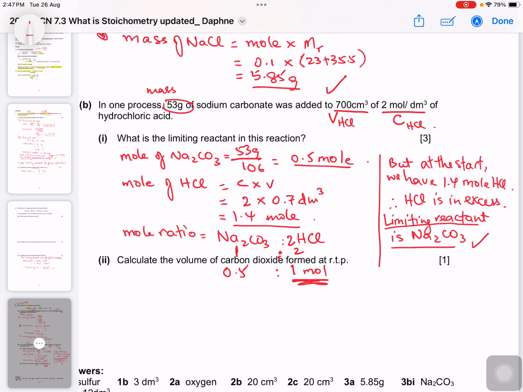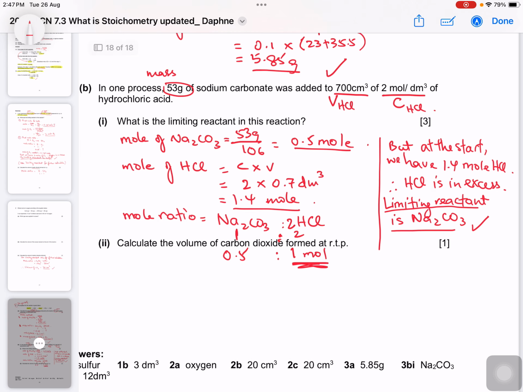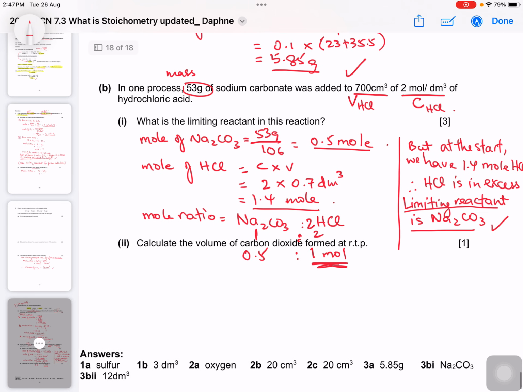Okay, last part, calculate the volume of carbon dioxide formed. So what is the volume of carbon dioxide? We need a new mole ratio because we have no information about carbon dioxide, and we have to use the limiting reactant. Mole ratio of the limiting reactant, which is our Na2CO3, is to CO2. From the equation is 1:1. But we have 0.5 moles of this. How much CO2 will be needed?